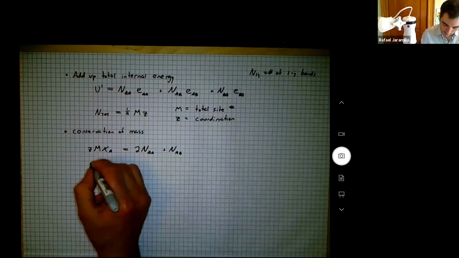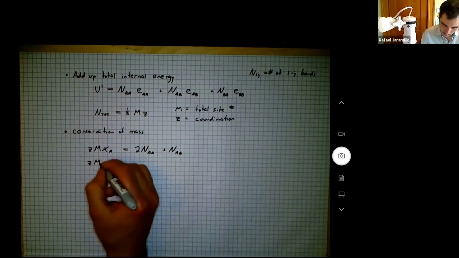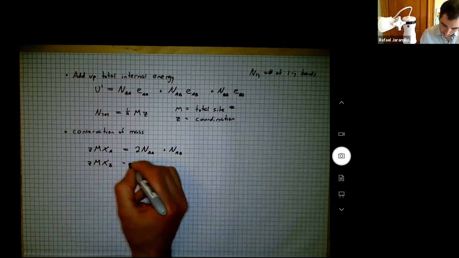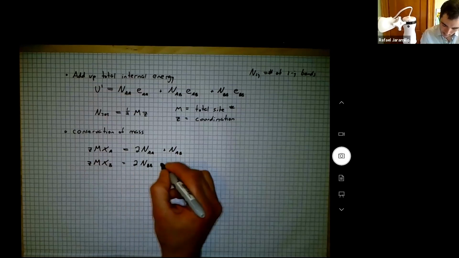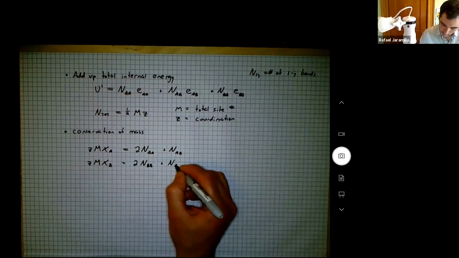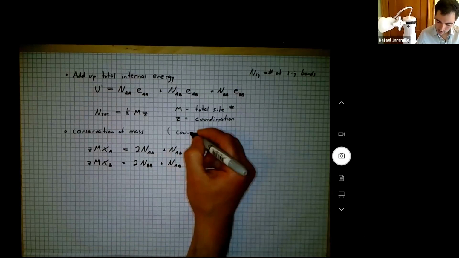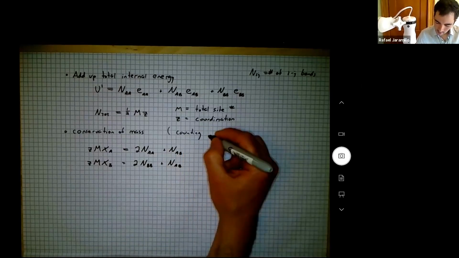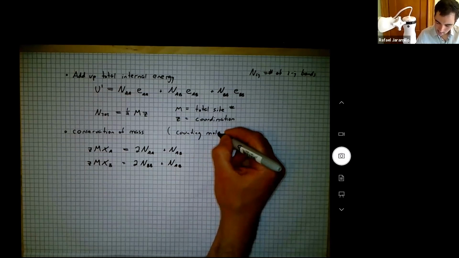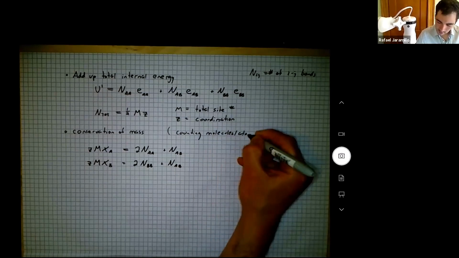And similarly, Z M X_B equals 2 times the number of BB bonds plus the number of AB bonds. So we're just counting atoms here. Or I should say molecules to be more general. Counting molecules or atoms.